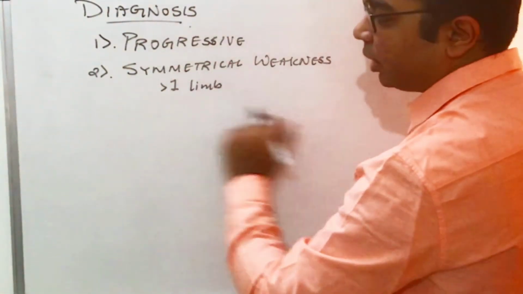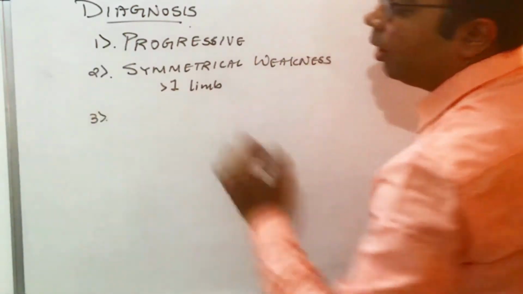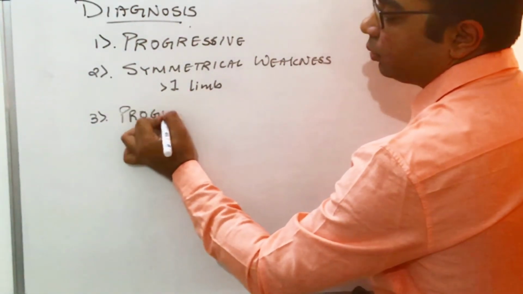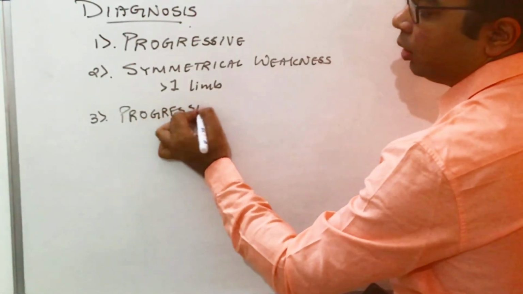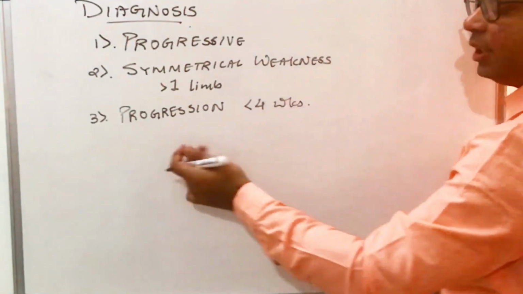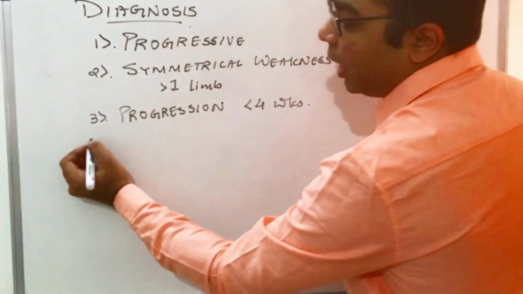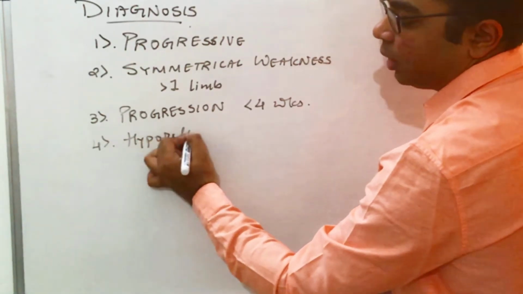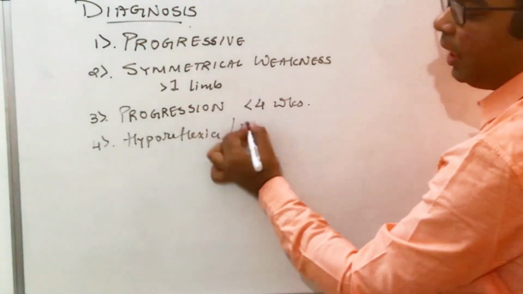Third one is the progression, which is less than 4 weeks. In less than 4 weeks we see the progression of the symptoms. And the last one is hyporeflexia or areflexia.